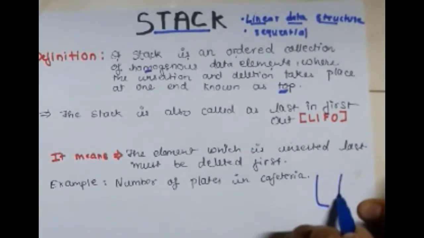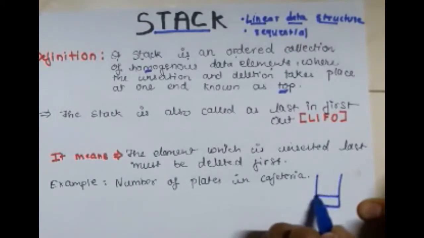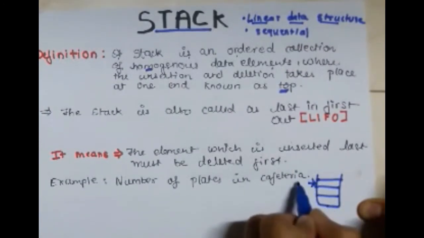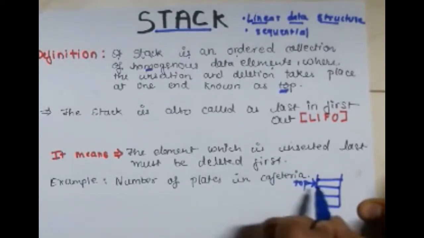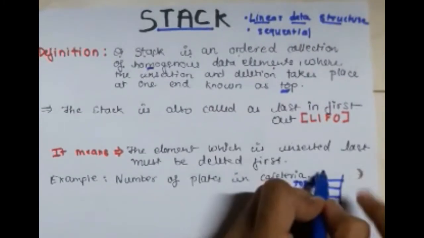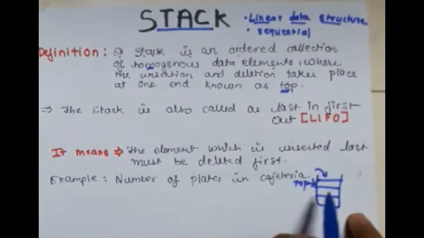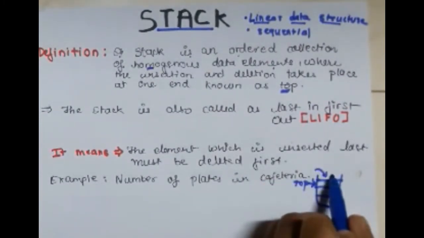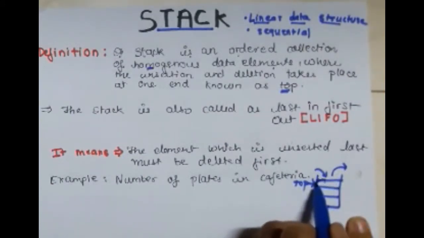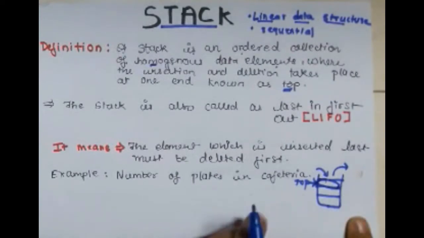Let us consider a stack like this, and the top is pointing here, and from this end the elements are inserted into the stack, and from this end only the elements are deleted from the stack. So this single end is responsible for insertion and deletion.